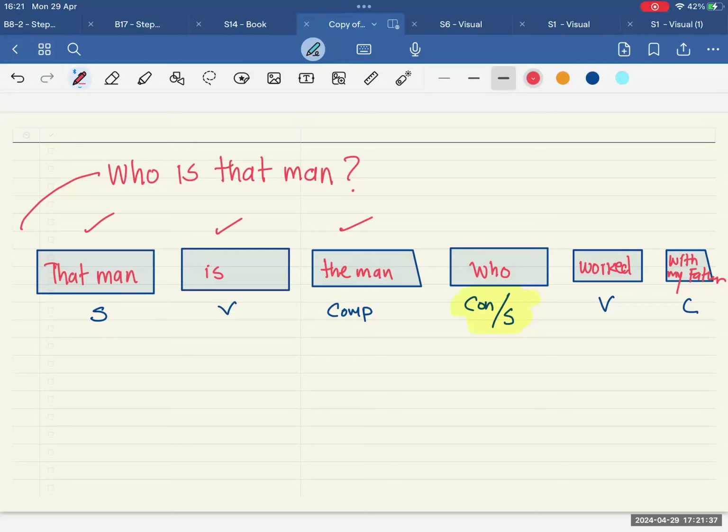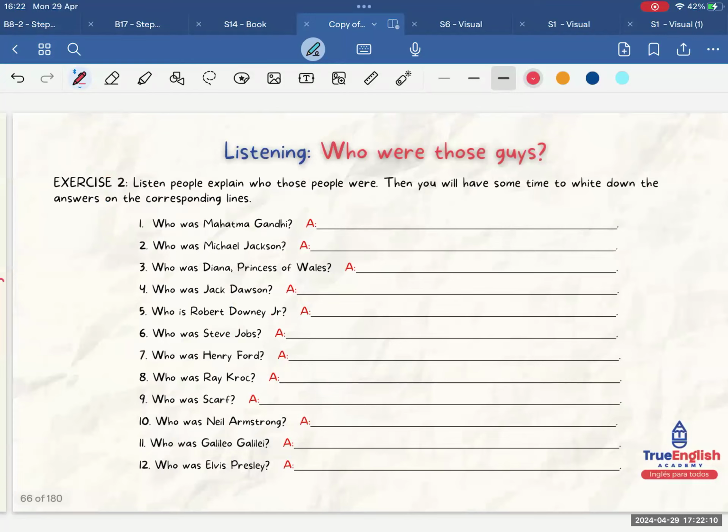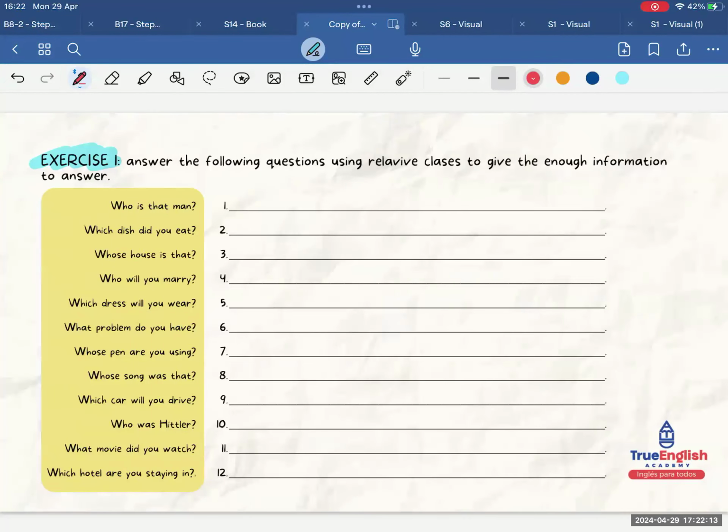Ese hombre es el hombre, esa mujer es la mujer que, ese hombre es el hombre que, esa cantante es la cantante que, you know what I mean? So it's a little bit of repetition in there in the first sentence, and then we continue with the second sentence. All right. Obviously with this important element, the combination of the connector and the subject. All right, so we finish this one.